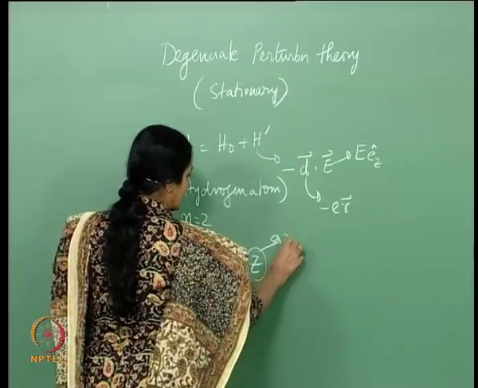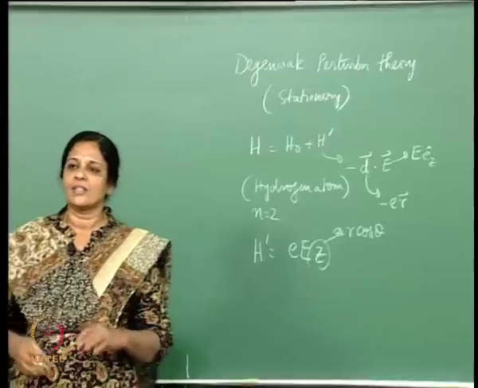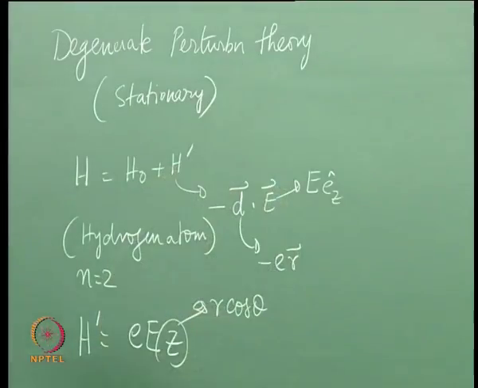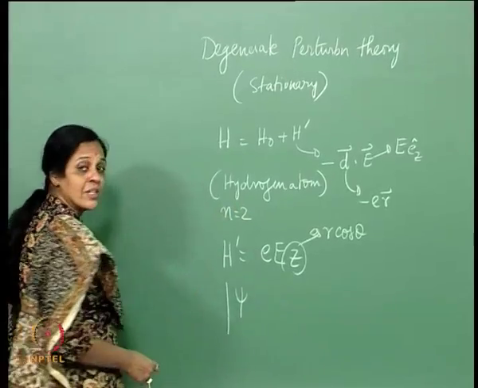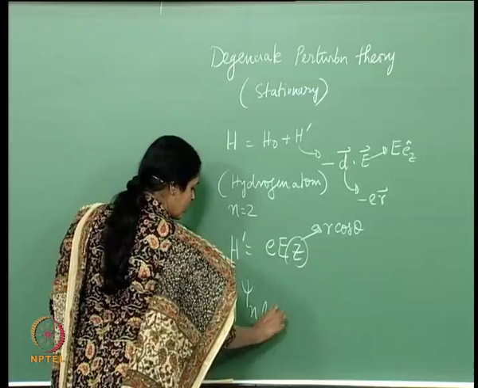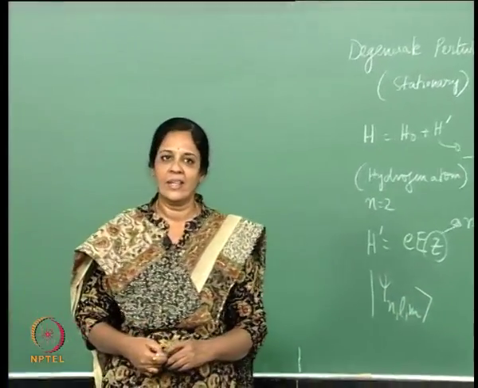Notice that z is r cos theta, if you want to write it in spherical polar coordinates, which indeed is what I would do, because in this problem a typical wave function of the hydrogen atom is given by specifying 3 quantum numbers n, L and m.